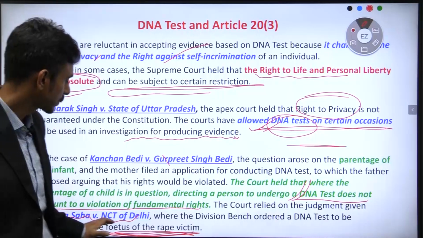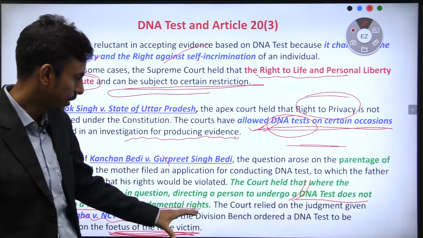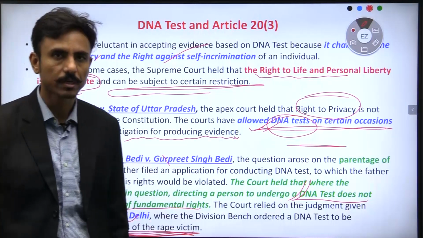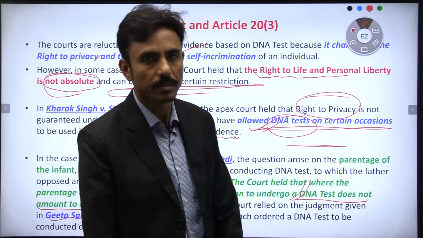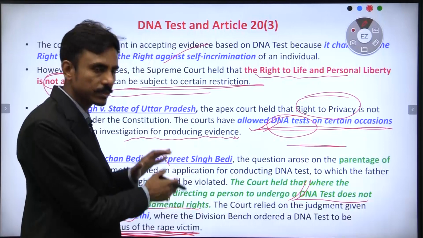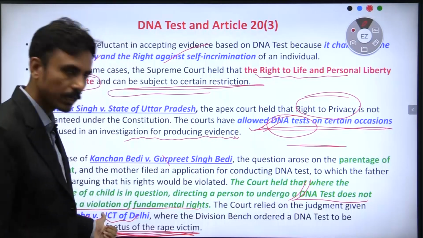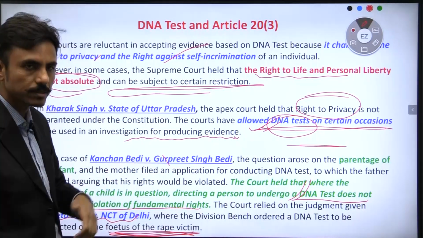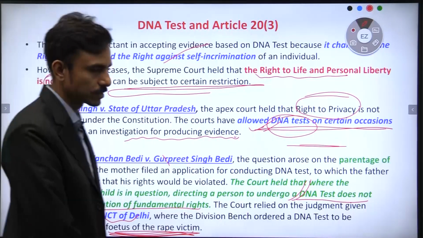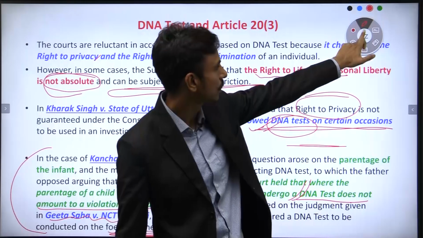So in Geeta Saha versus NCT Delhi, it was decided that the DNA test can be done on the fetus of the rape victim in order to identify the criminal. So except in extraordinary circumstances as in the Geeta Saha case or Kanchan Bedi case, you cannot use the DNA test or other biological tests, right? I hope it is clear.